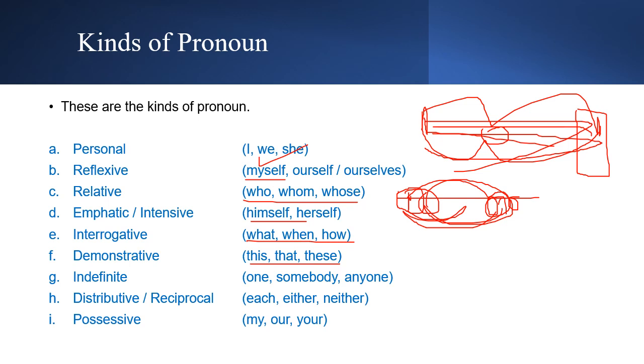These are those people who didn't do their homework. So you are demonstrating to somebody that this or that or these people we are talking about. Indefinite is almost the opposite of this, which means that you are not talking about any specific person. You are talking in general terms.